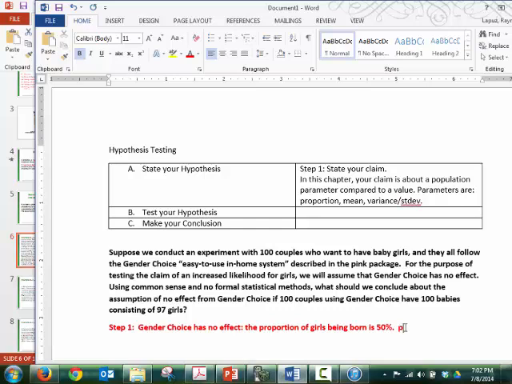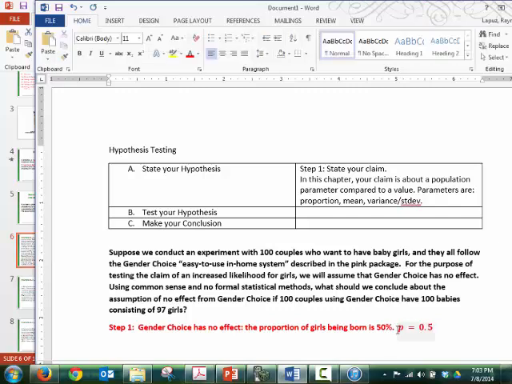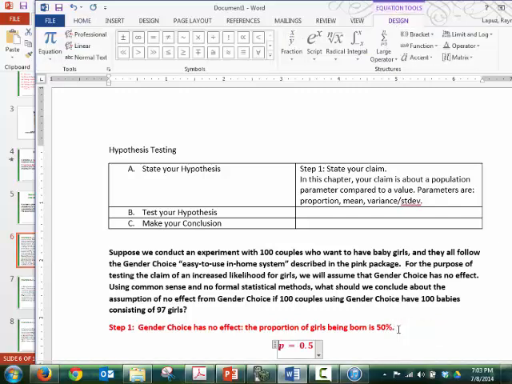So P is equal to 0.5. That could be our first step.